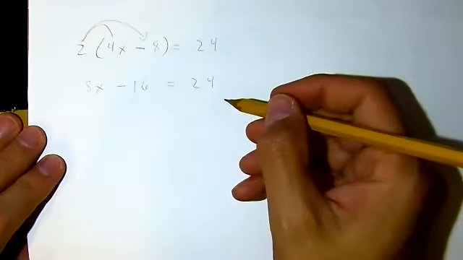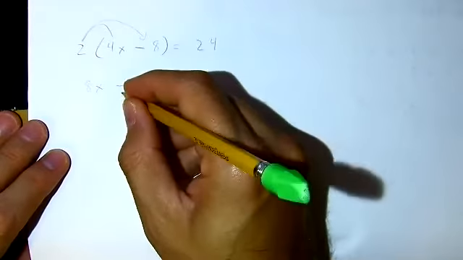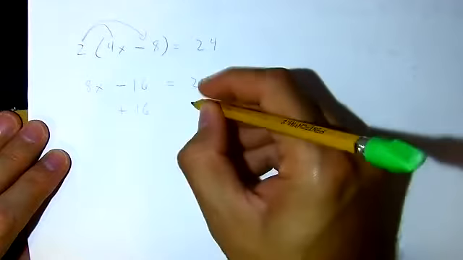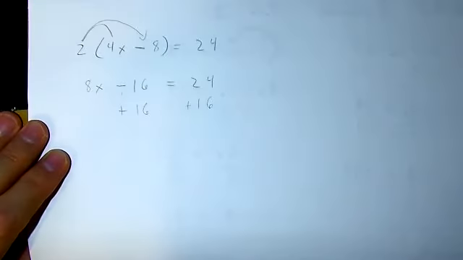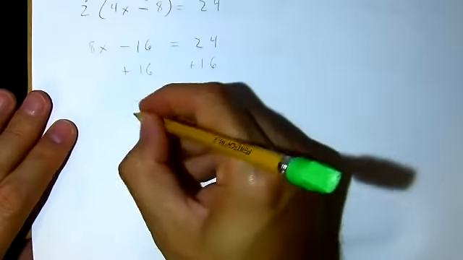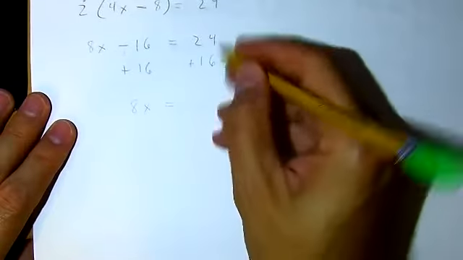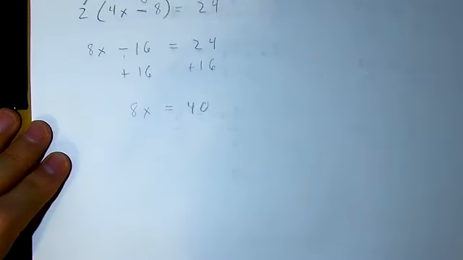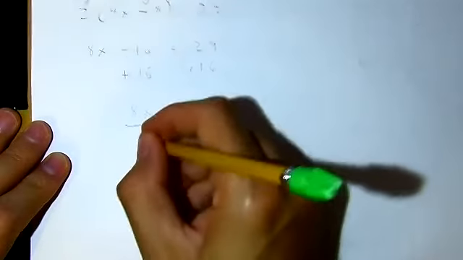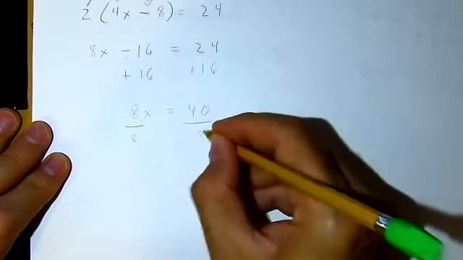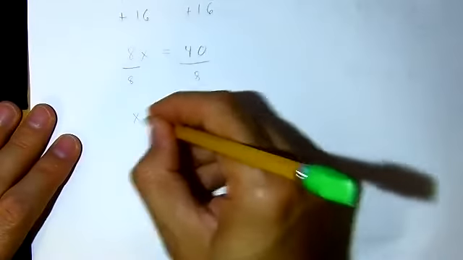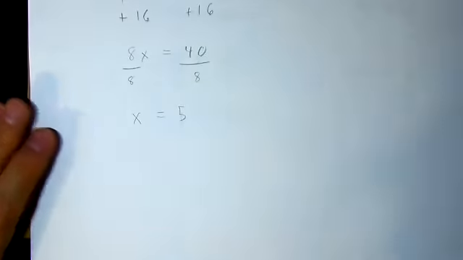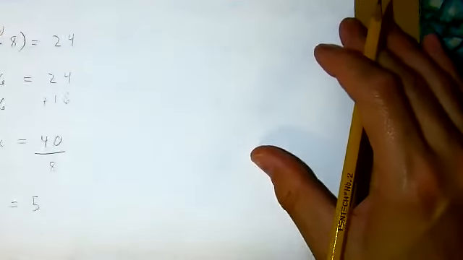So now we're at a normal two-step problem. So get rid of your 16. Bring down your 8x equals, do your addition. Last step is to divide. Should have got 5.